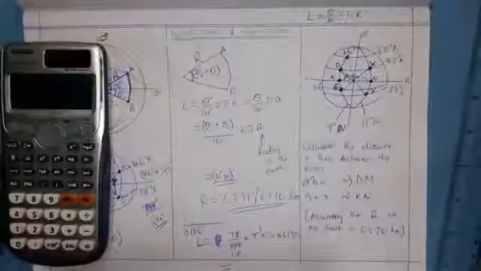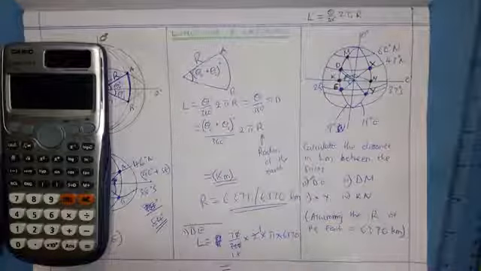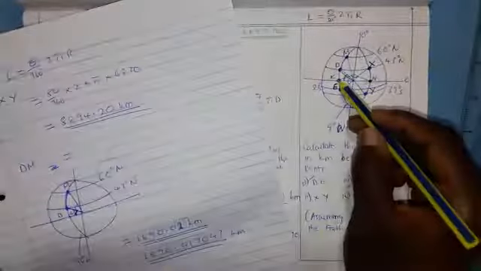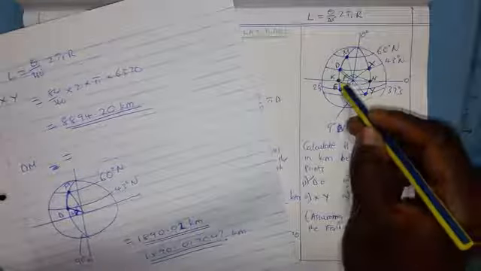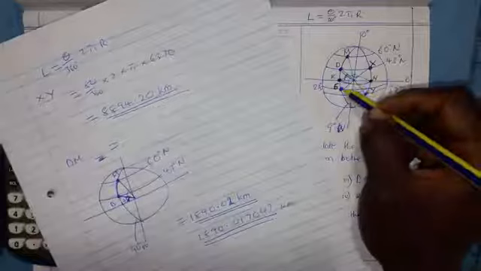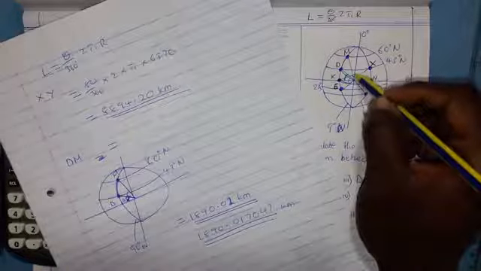Then in the last case, we have KN along the equator. KN is also another special one. Just take keen notice, it's along the equator. So our angle difference will be 9 degrees plus 15 degrees, because that's what covers those 2 points.